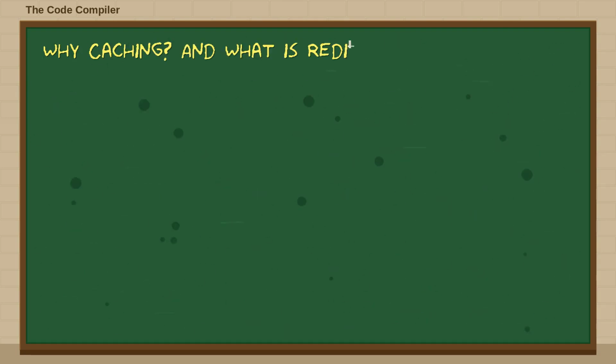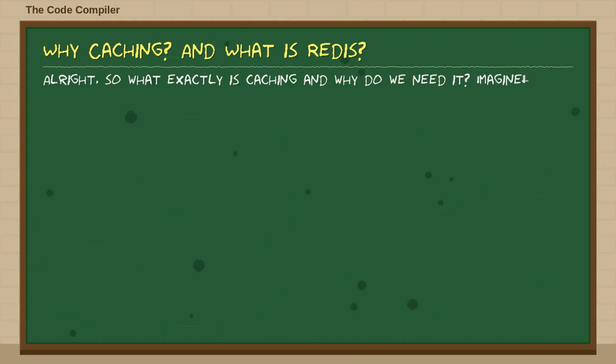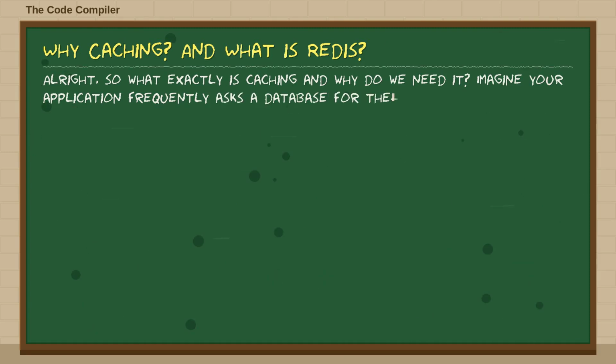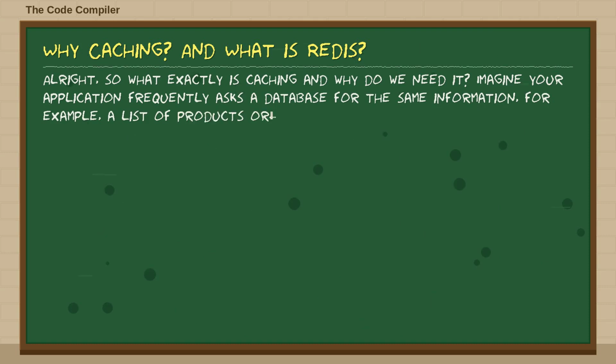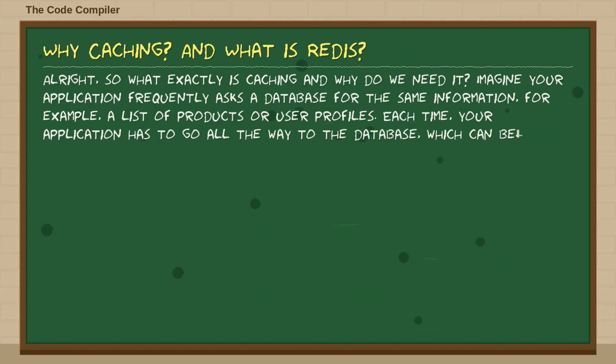Alright, so what exactly is caching and why do we need it? Imagine your application frequently asks a database for the same information, for example, a list of products or user profiles. Each time, your application has to go all the way to the database, which can be slow and put a lot of load on the database server.